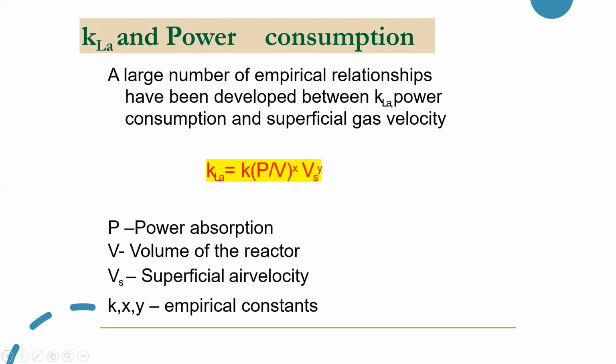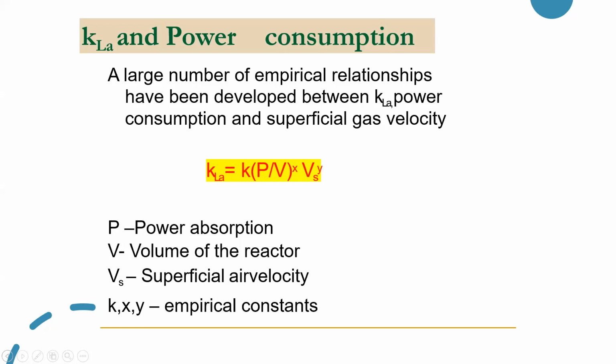Now, a very important aspect, as I was talking about impeller speed, the rotation. The rotation speed of the impeller is related to the power supply, that is, how much power per unit volume I am giving to the bioreactor.